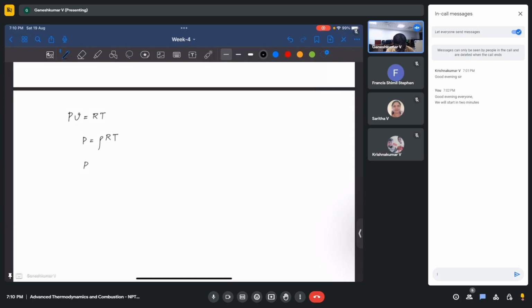Say if you write a differential, dP is equal to, how would you write it? P is a function of rho and T, right? So dP equals dou P by dou rho at constant T times d rho plus dou P by dou T at constant rho times dT.